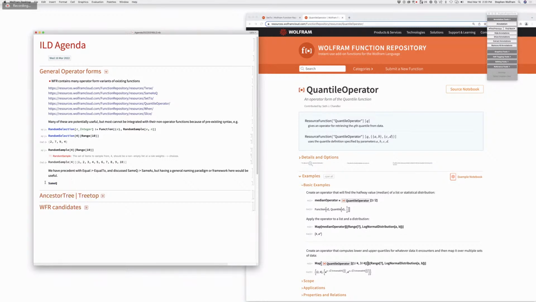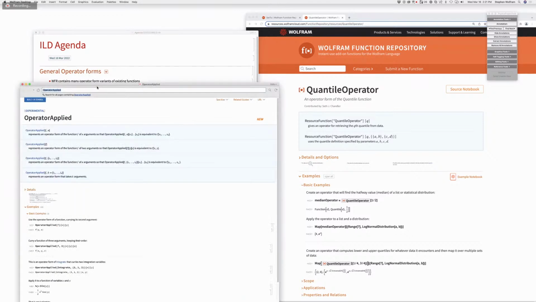Let's imagine that we had some weird notation, which I'm not thrilled about, but let's imagine it was a weird notation, exclam at sign, whatever, that is equivalent to operator applied of same Q. Well, now we have to have a curry form, right? Here, if I'm not mistaken. It also reveals how much I have not used operator applied in a serious way.